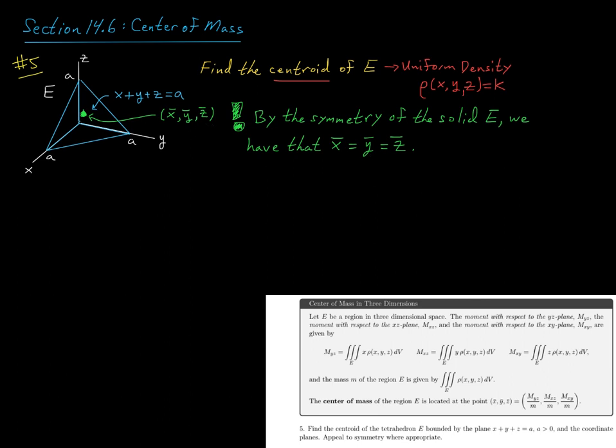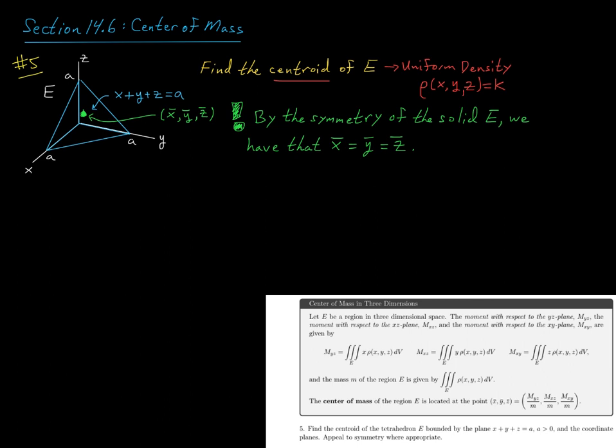In other words, we're going to lie along this diagonal that consists of all points where the x, y, and z coordinates are equal. Okay, and since our figure there is nice and symmetric with regards to that diagonal, we can see that that geometric center point, the centroid, would lie along that diagonal. Okay, so this is nice because it's going to allow us to cut out two integrals we'll have to compute. We just cut it down to one.